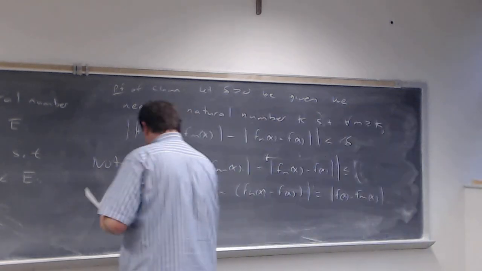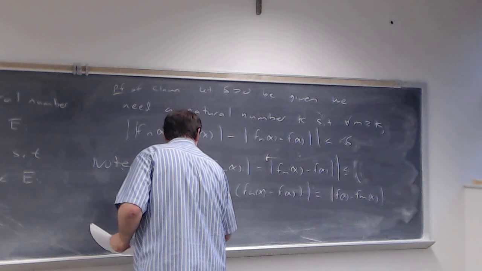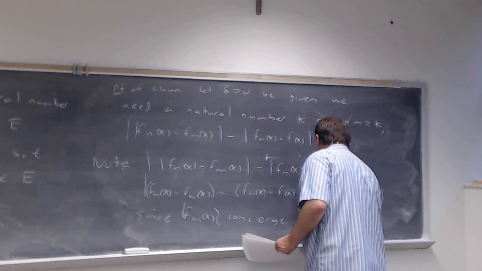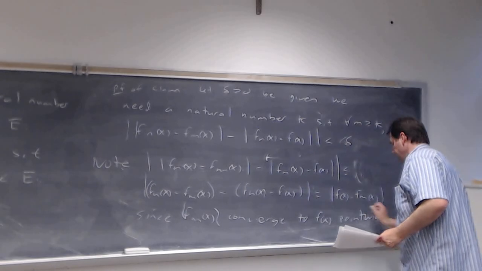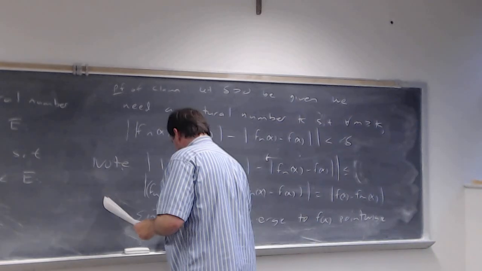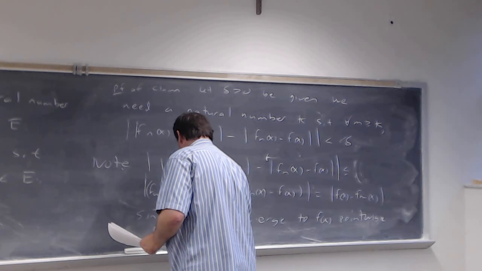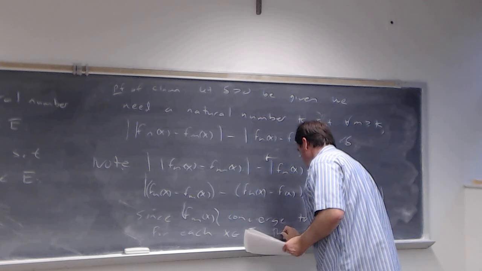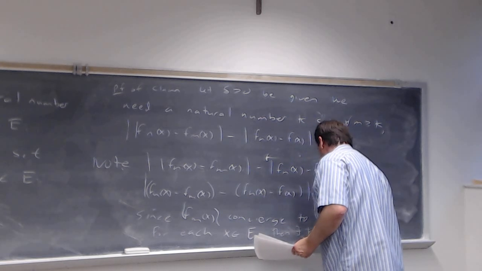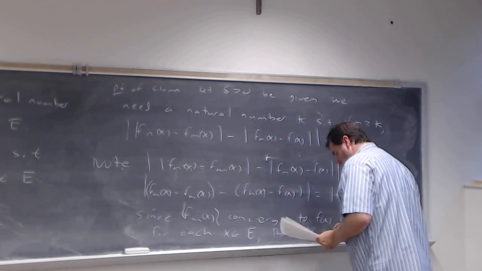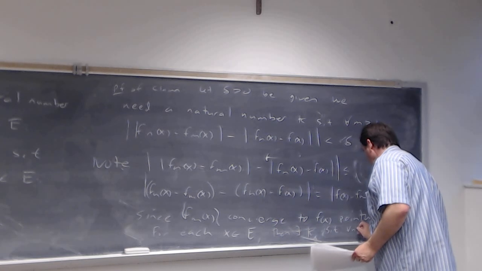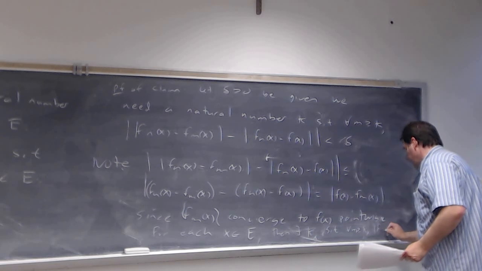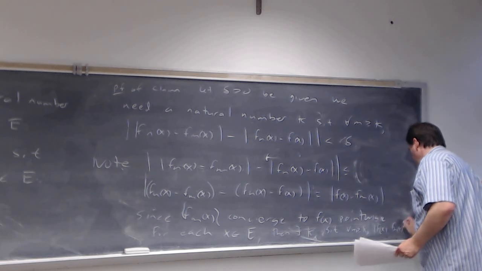And so, since the f sub m's of x converge to f of x pointwise, then for each x, there exists a k, and I'll say k sub x, that's a natural number, such that for all m bigger than or equal to this k sub x, this guy, f of x minus f sub m of x, will be less than epsilon.